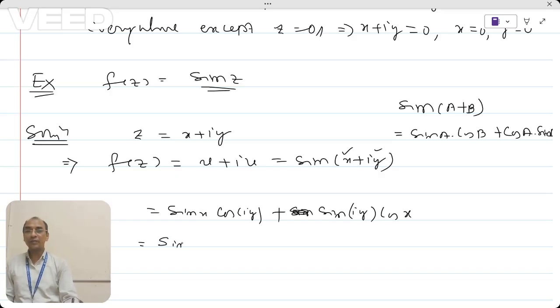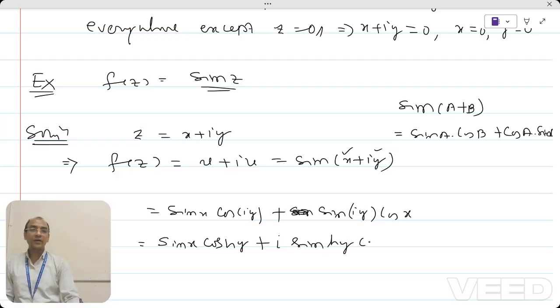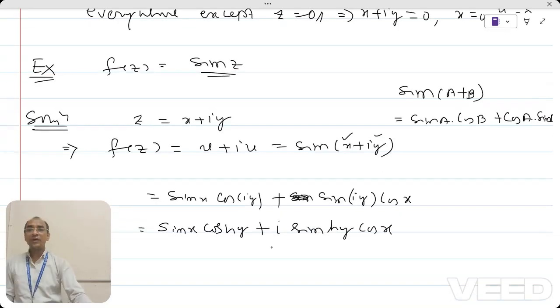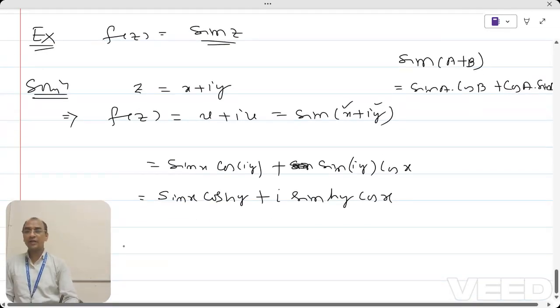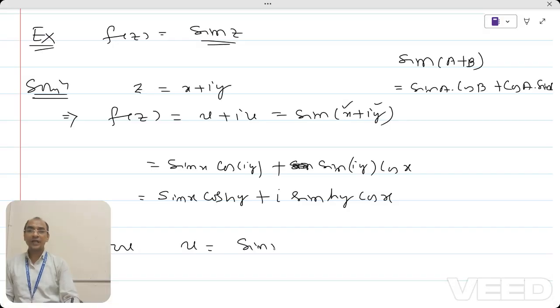So sin x will be as it is, cos iy will be cos hyperbolic y, and sin of iy will be i into sin hyperbolic y into cos x. Now you compare the real and imaginary parts. Then we will get u as sin x cos hyperbolic y, and v as sin hyperbolic y cos x.